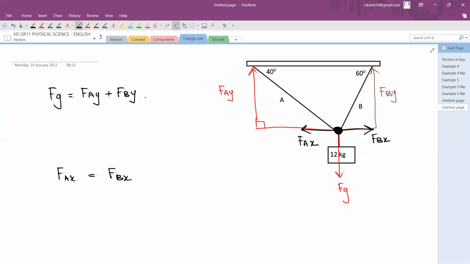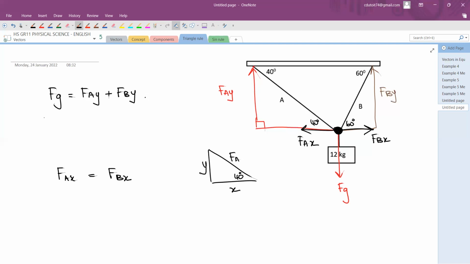Okay, now I'm going to complete these triangles. This is a 40-degree angle. This is a 60-degree angle. So let's do that. Let's get the Y components. If you want to, I can make a little triangle here and say this is the force A, this is the Y component, this is the X component, and this is 40 degrees.